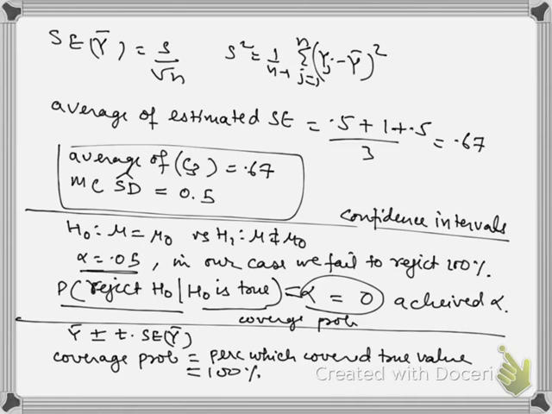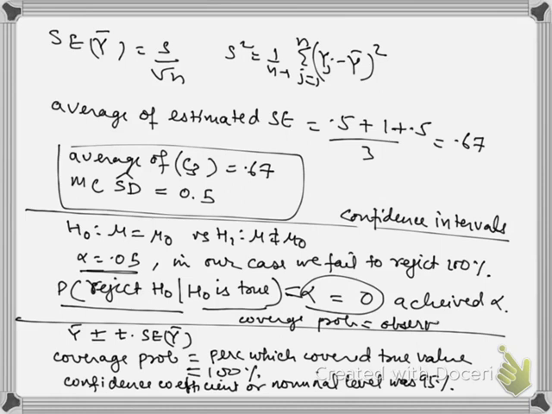But the confidence coefficient, or the nominal level that was advertised, was 95%, while the coverage probability, or observed nominal level, is 100%. So over coverage is also an issue. The interval estimates should not have under coverage or over coverage. So in this example, there is over coverage.